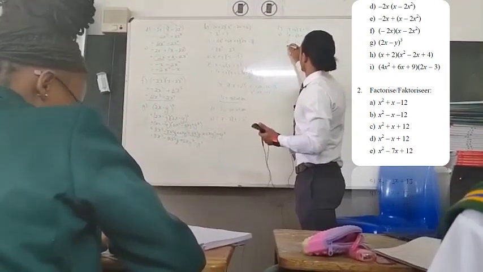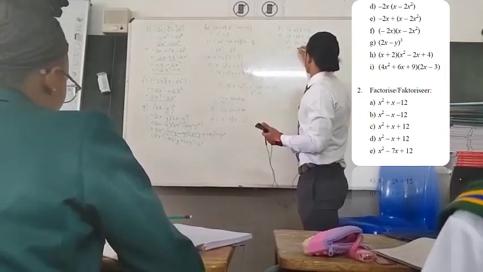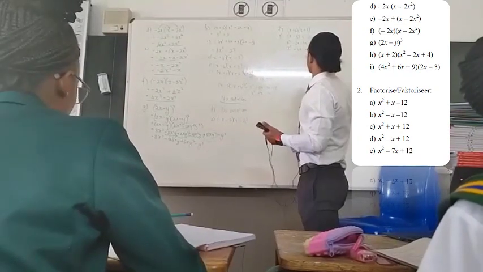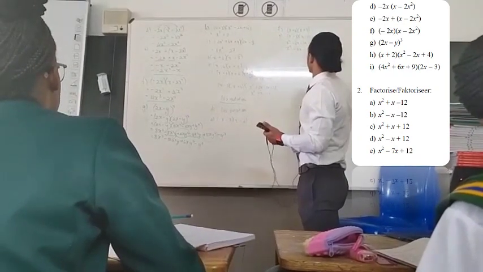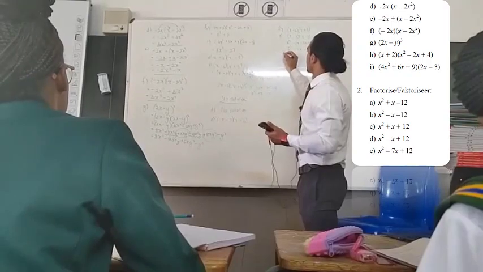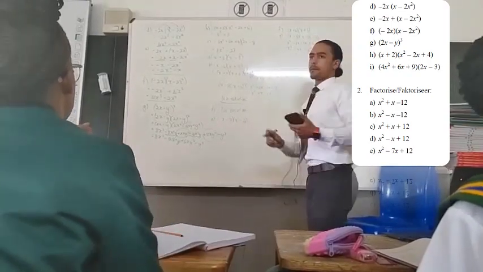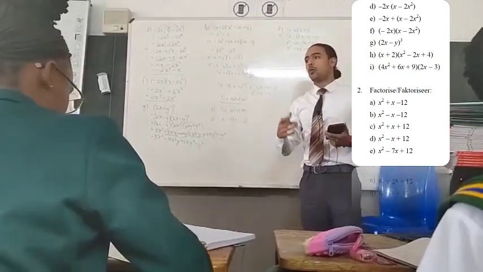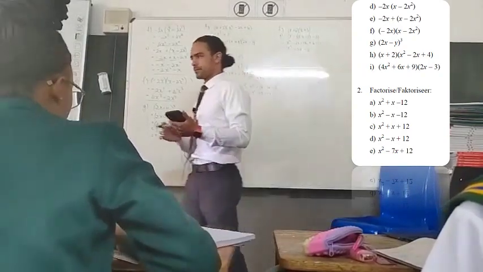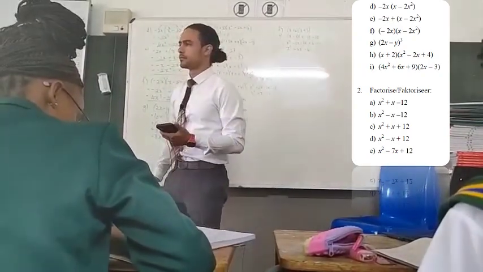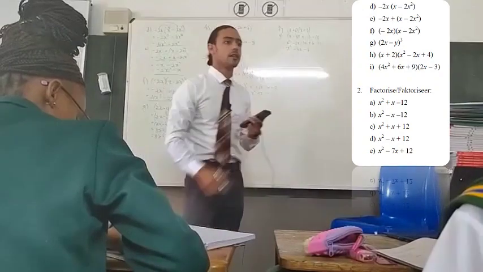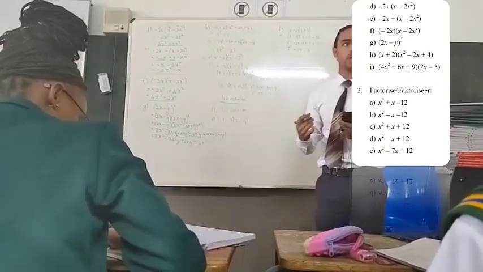So that simplifies to x squared minus 5x minus 6. Now, what was the instruction here? Factorize. Thank you, and that is what we should do.